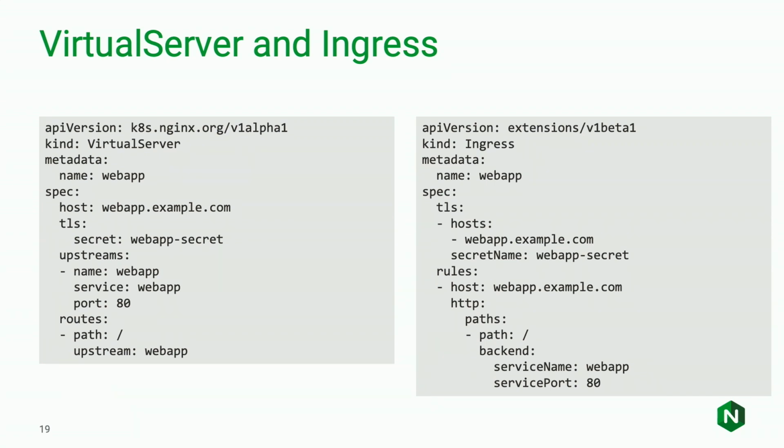With our VirtualServer resource, the idea is that we bring all the features that are missing in the standard Ingress resource, like better routing that I mentioned, or policies like authentication or rate limiting, so that people can use NGINX Ingress Controller more effectively on Kubernetes, and the Ingress Controller can successfully address all those different requirements.